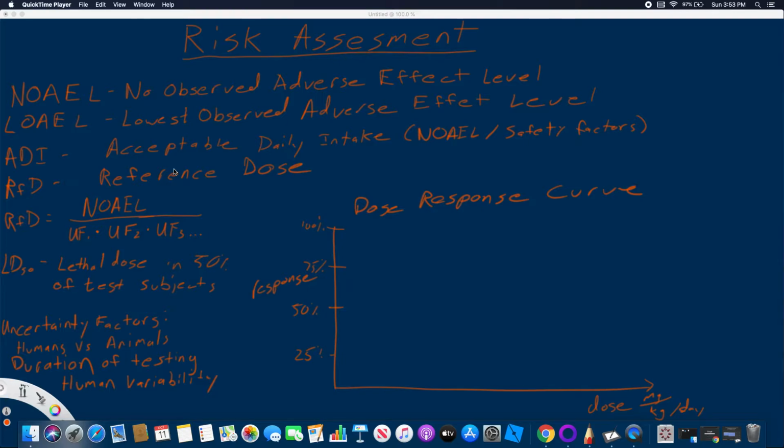Okay, so another thing you're probably going to see on your FE exam, or I'd be surprised if you didn't, is the dose response curve.